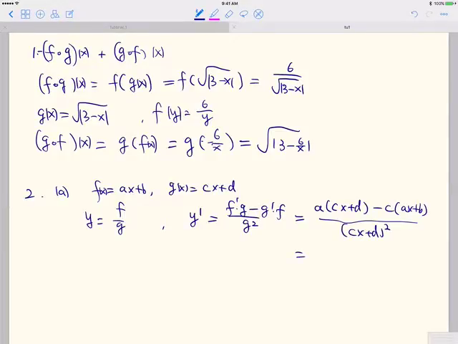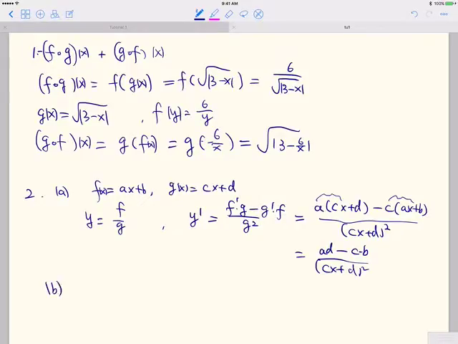You can leave it here, but of course you can simplify it, because there's an acx here and another acx here, so they can be cancelled off. So we will get (ad minus cb) over (cx plus d) squared, right? Pretty straightforward. This is the simple application of the quotient rule.